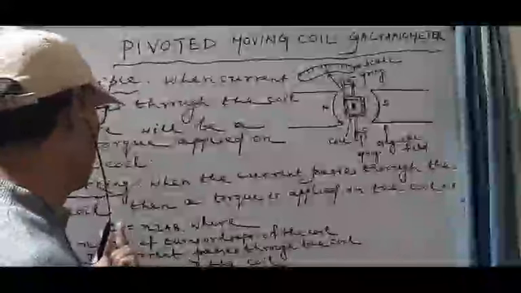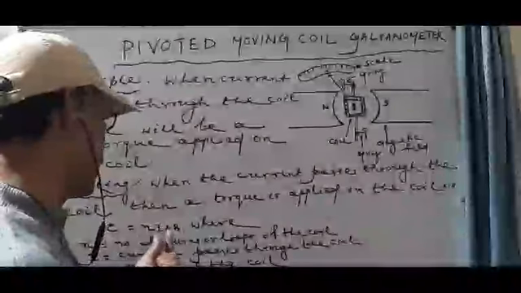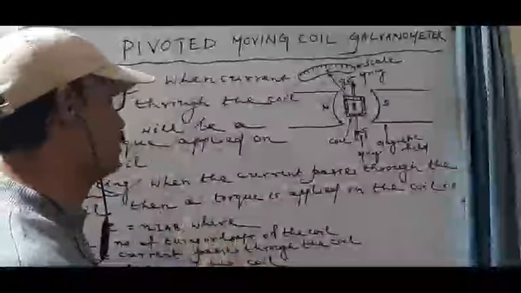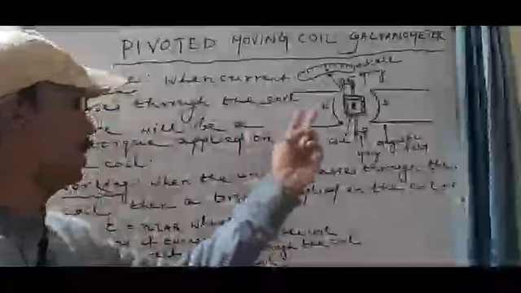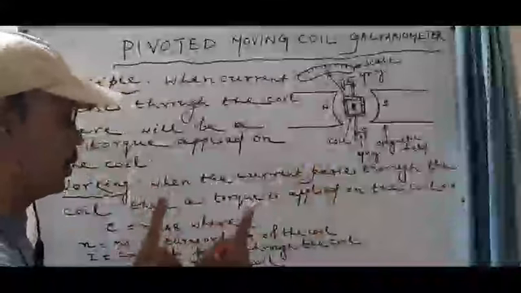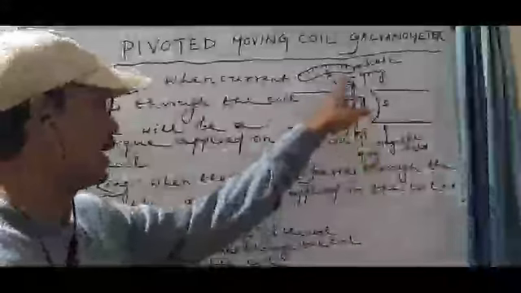There is the application of torque, and what is the magnitude of the torque? That is NIAB. It means the coil will start to rotate about its axis. Then what happens?